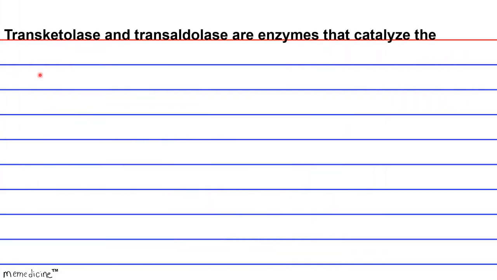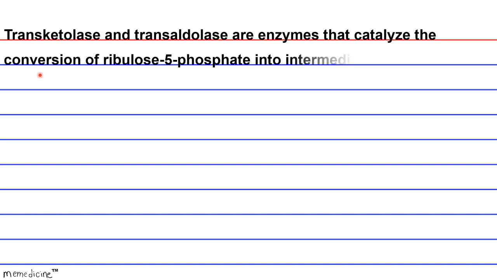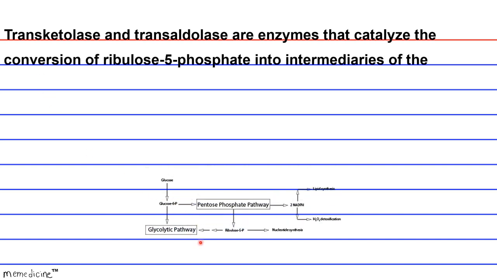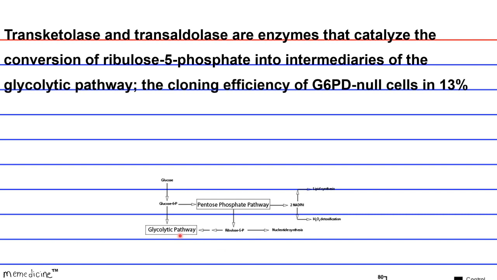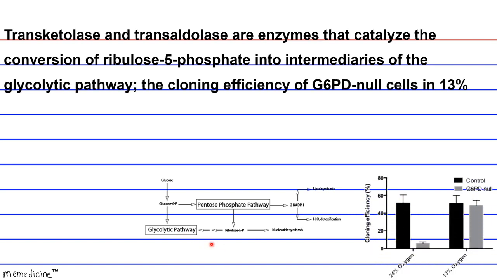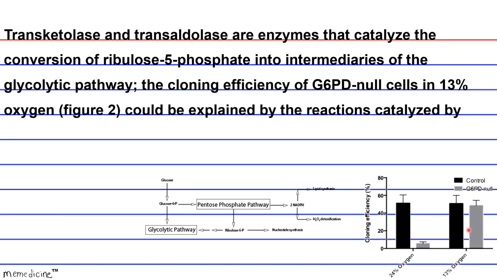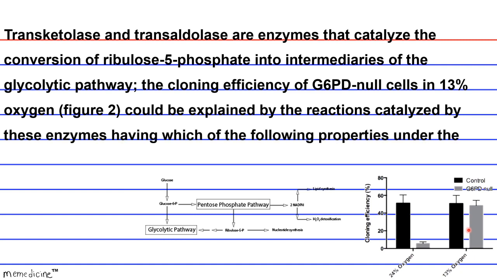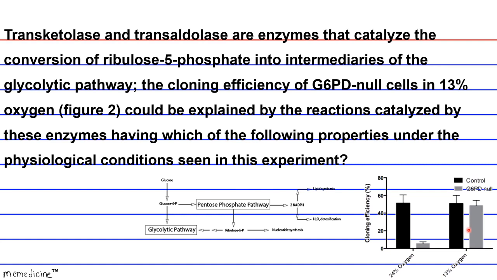Transketolase and transaldolase are enzymes that catalyze the conversion of ribulose 5-phosphate into intermediaries of the glycolytic pathway. The cloning efficiency of G6PD null cells in 13% oxygen could be explained by reactions catalyzed by these enzymes having which of the following properties under the physiologic conditions seen in this experiment?